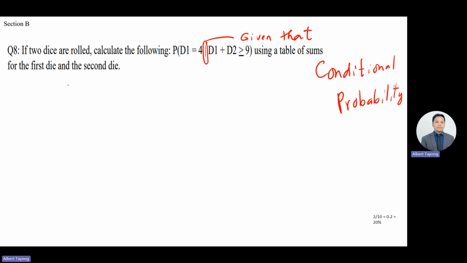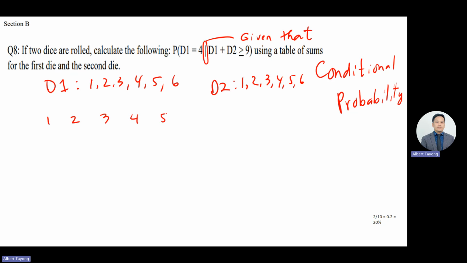So we know that for die 1, we have 6 possible outcomes, right? And same with D2: 1, 2, 3, 4, 5, 6, because we have 6 sides. So we can have our die 1 here, 1, 2, 3, 4, 5, 6. And here we can have our die 2.